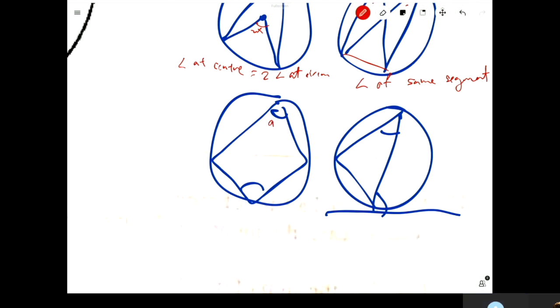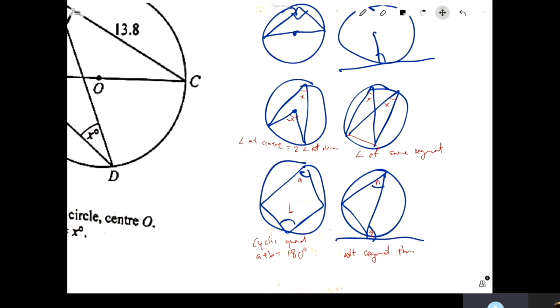Next: cyclic quadrilateral, A plus B equals 180 degrees. This one equals this one: alternate segment theorem. Just write something.